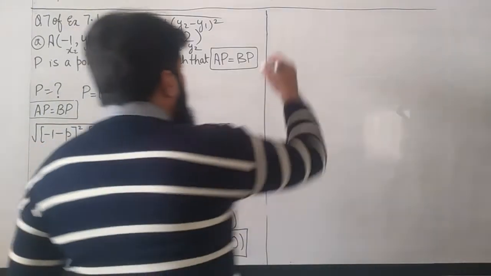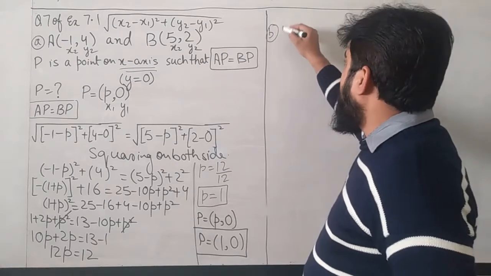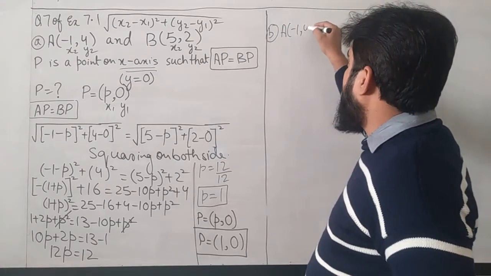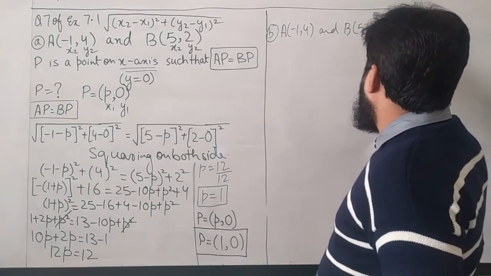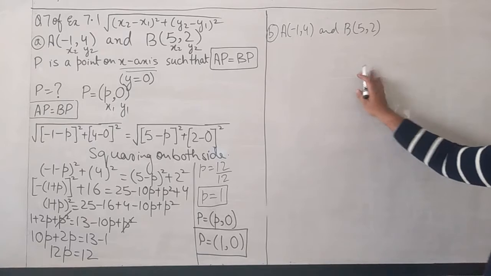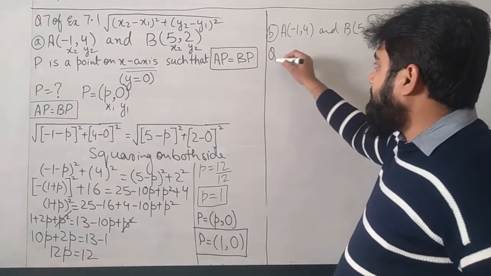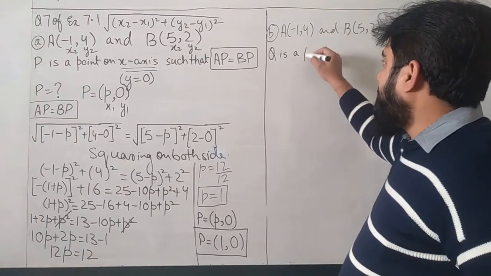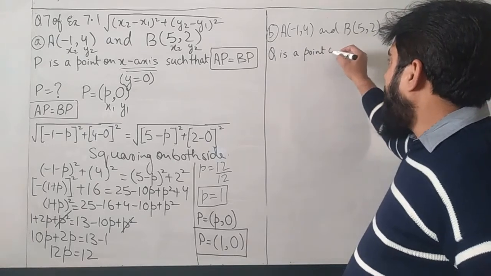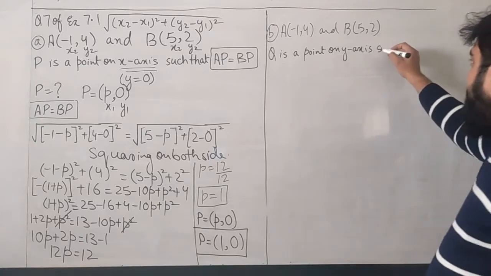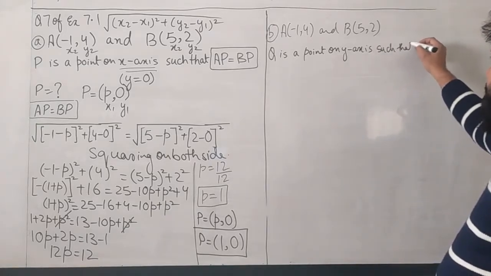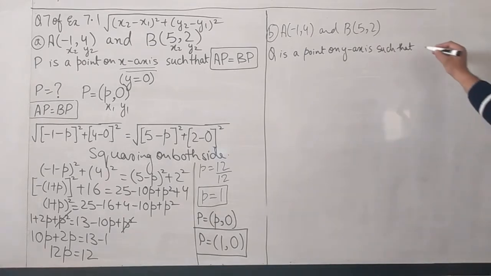Okay. Now in the B part, they are again giving us that A is minus 1 comma 4 and B is 5 comma 2, two points. Okay. And then they are saying that Q is a point on the y-axis such that AQ equals BQ.